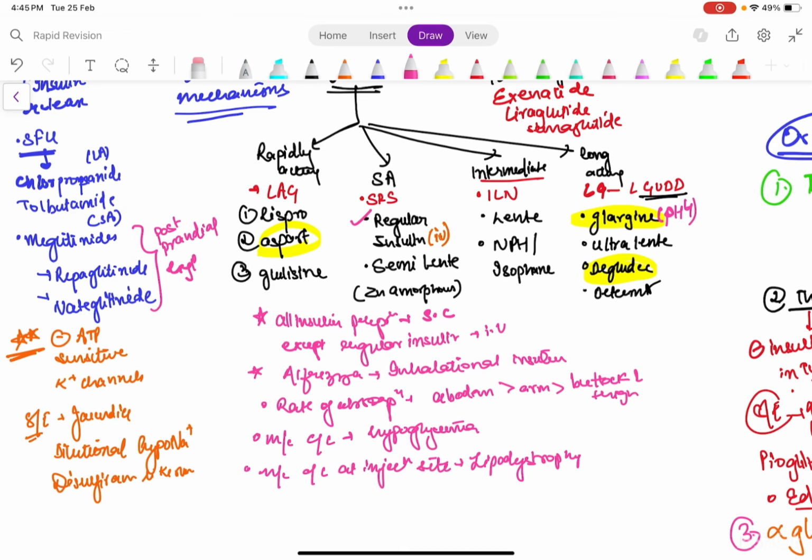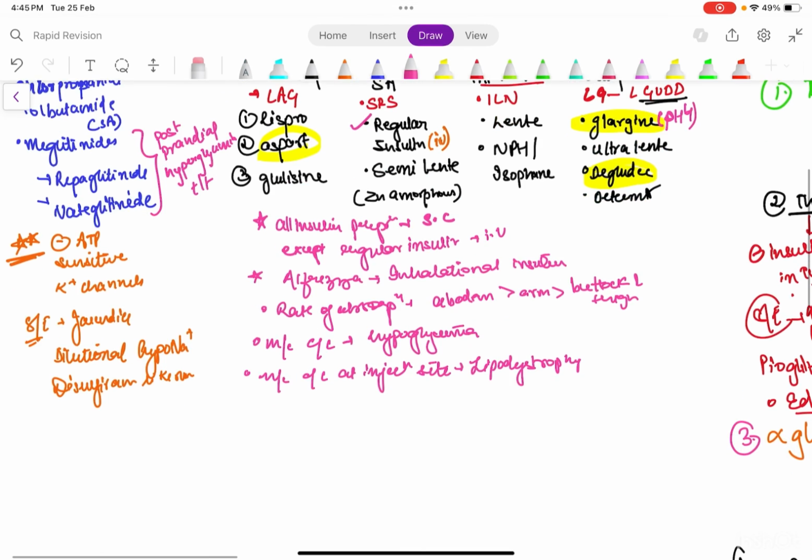Postprandial hyperglycemia treatment. All right, then the only oral anti-diabetic that decreases macrovascular events in type 2 is metformin.